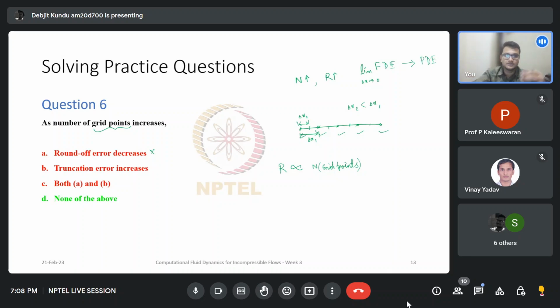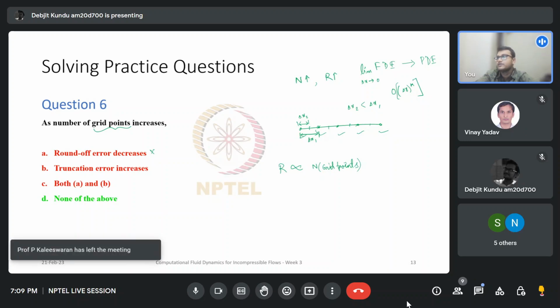It represents a better version of the PDE. So the truncation error is something like the order of delta x to the power n. Delta x is anyway less than 1 and n is a finite positive number. So if delta x decreases, this entire thing decreases.